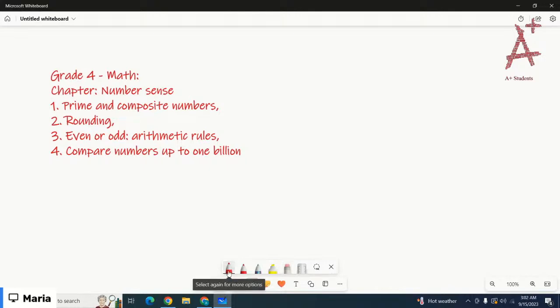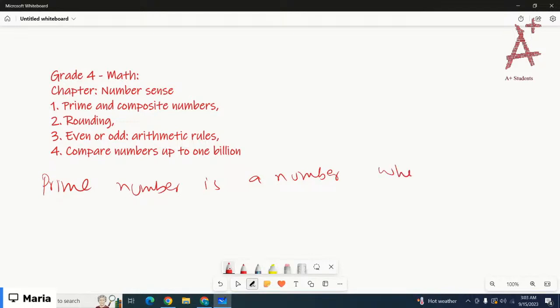Prime numbers are the numbers which have exactly two factors, right? You can note down the definitions. A prime number is a number which has exactly two factors.